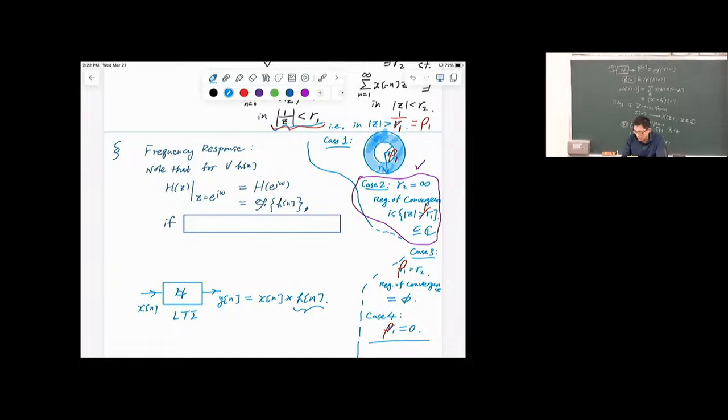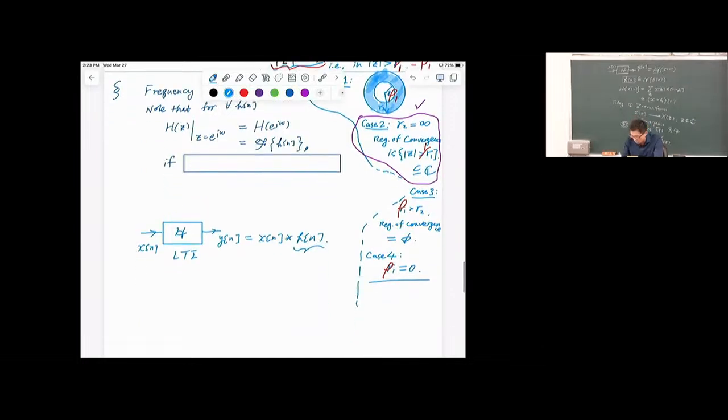But it turns out that we can attempt to evaluate the Z transform on the unit circle. When I say unit circle, that means the circle of radius 1. On the Z-plane, with real part and imaginary part, there's this circle with radius 1.